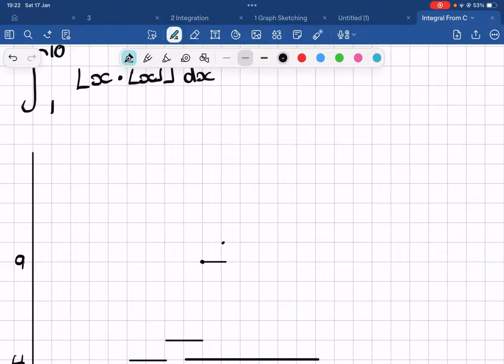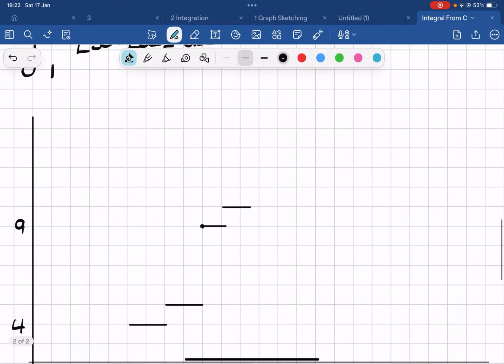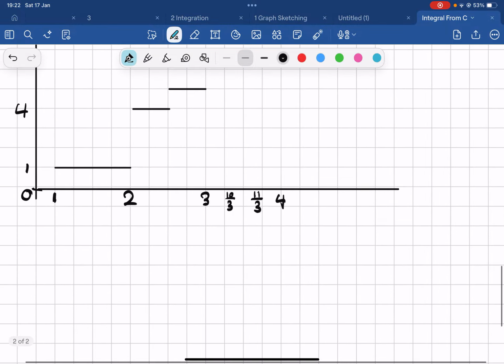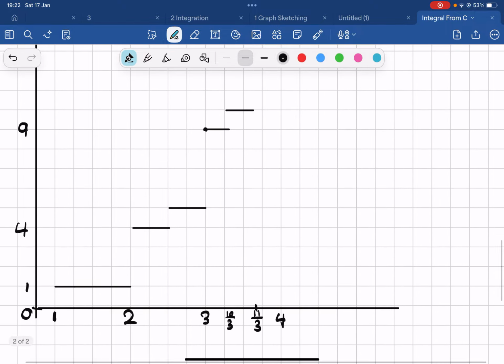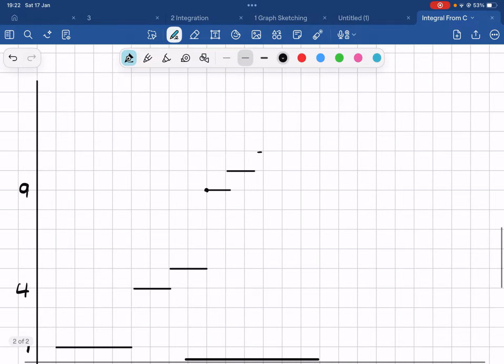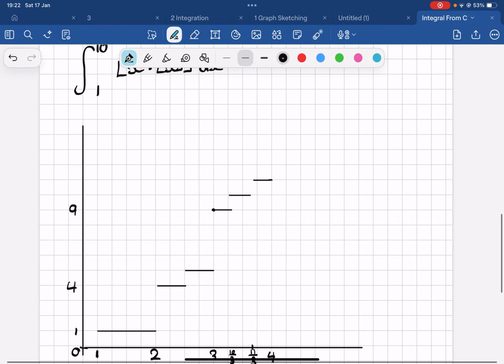When we have 10 over 3, the floor of that is 3. So we have 10 over 3 times 3, which is 10. So we're going up until here. And then now we're on to 11 over 3 till 4. There we go. We're up to 11 now.